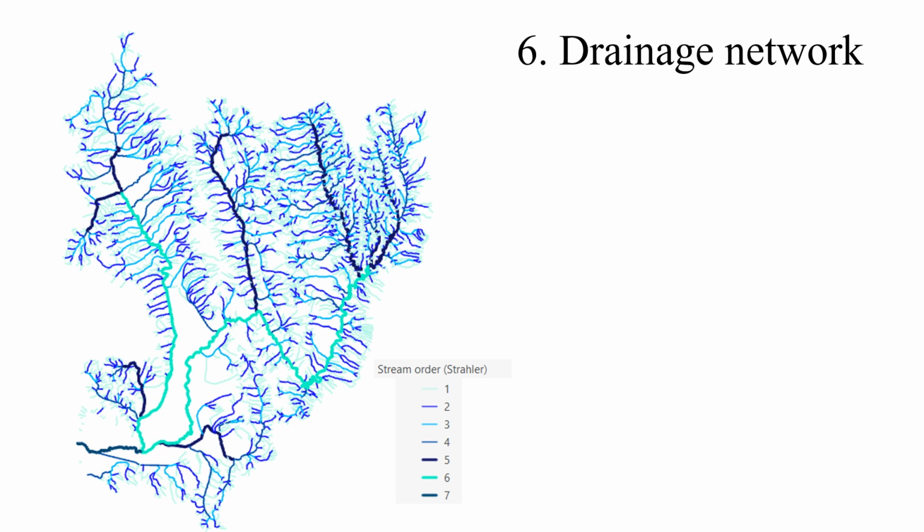The drainage network. This too is among the most significant parameters for almost all natural hazards that are related to water or are affected by it. To begin with, we can use the drainage network to create buffer zones around each stream.